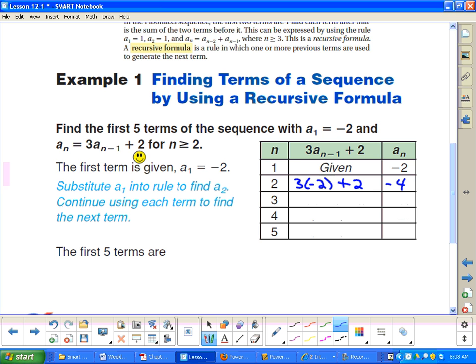To find the next term, I do 3 times my previous answer. So 3 times -4 plus 2. 3 times -4 is -12, plus 2 is -10.